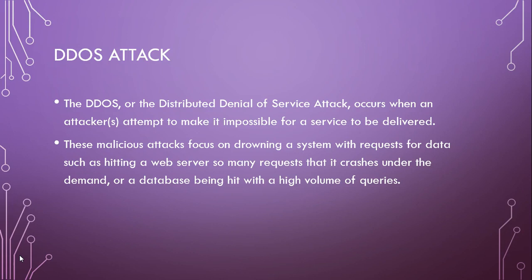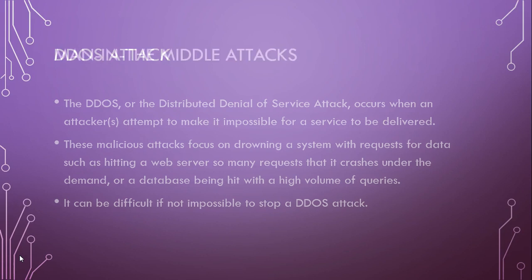Yes, we know that it's a DDoS attack and it's invalid, but the computer itself doesn't know that it's an invalid request. And because it doesn't know, it can be very difficult, if not impossible, to stop a DDoS attack. So a lot of times they have to do some circumnavigating around things, create some new rules and stuff like that in order to stop this wave of packets coming in that's overwhelming your server.